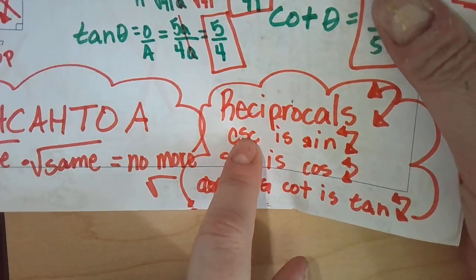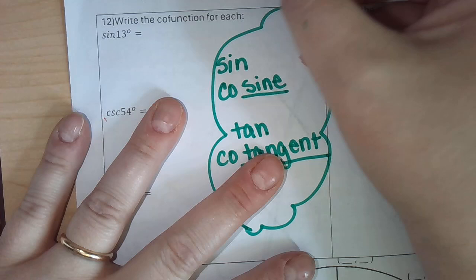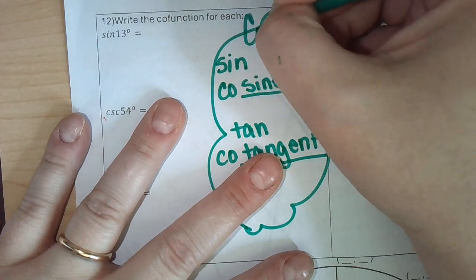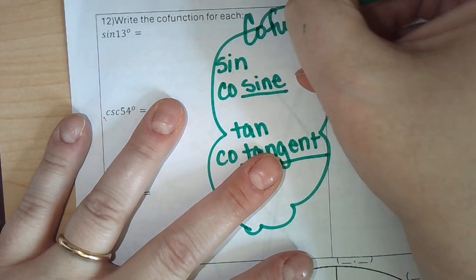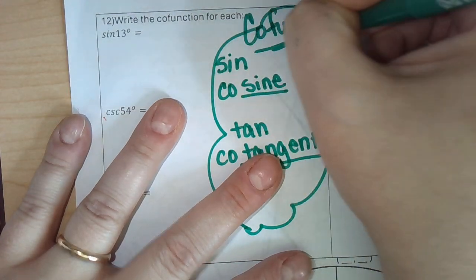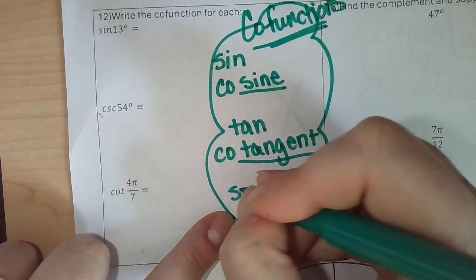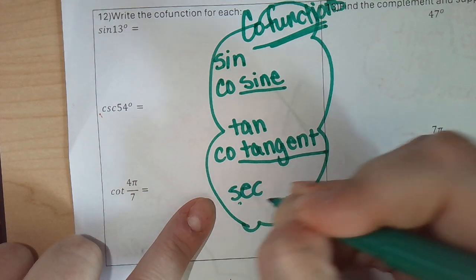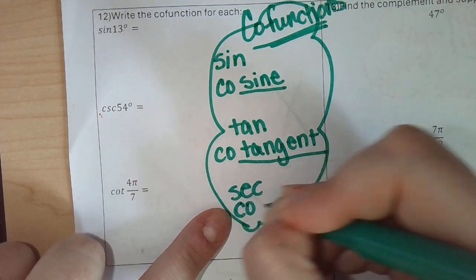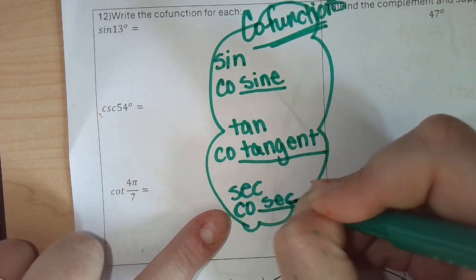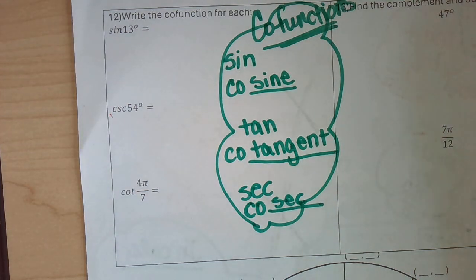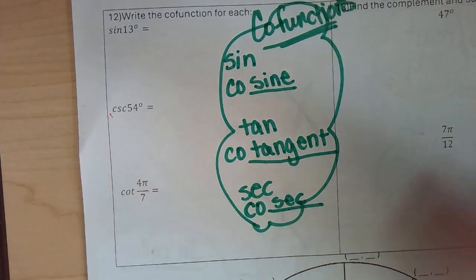This is different. We're doing cofunctions. Okay, and then secant, this reciprocal is cosecant. So cofunctions have a co in front of it, or backwards.